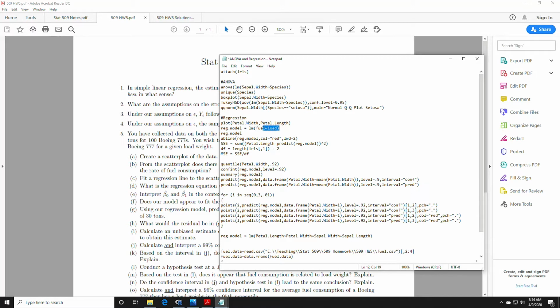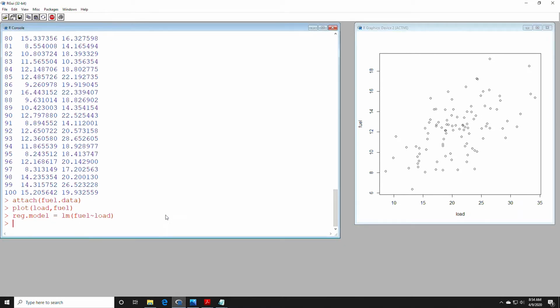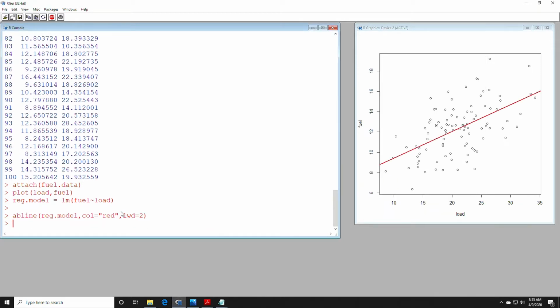Okay, so this is all we need right here. And in order to get the line to show up, we need this right here. And as long as we called the linear model, our simple linear regression model, reg.model, then you don't have to modify this code right here at all, and this just tells it to put a line here.